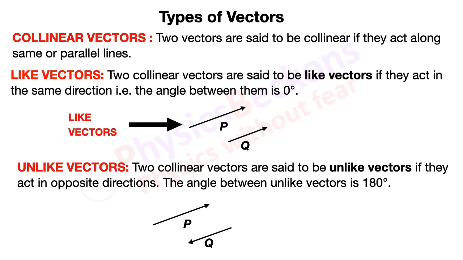The magnitudes may be equal, may be unequal. The only condition is that unlike vectors act in opposite directions. These are unlike vectors, P and Q in this diagram. They are unlike vectors and the angle between them is 180 degree.